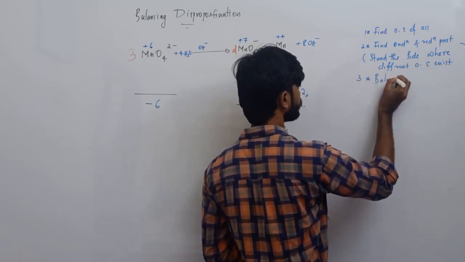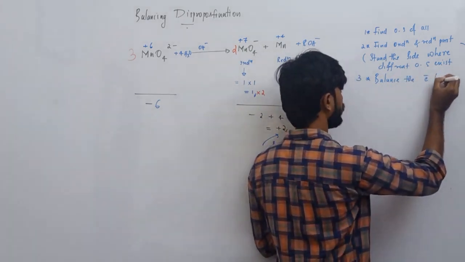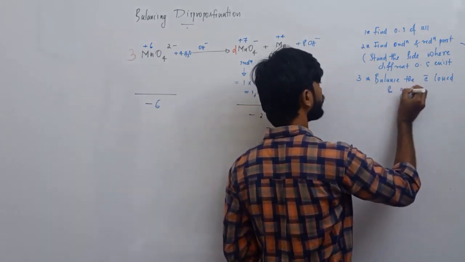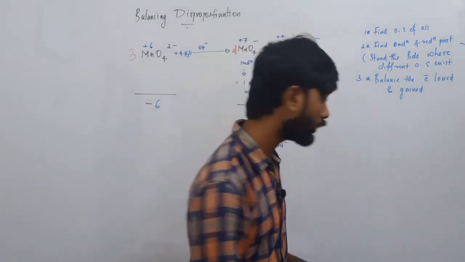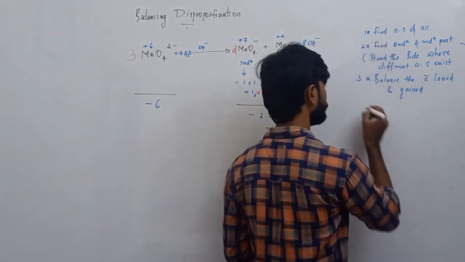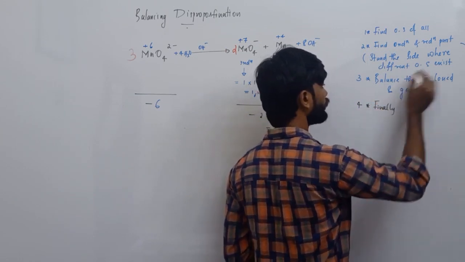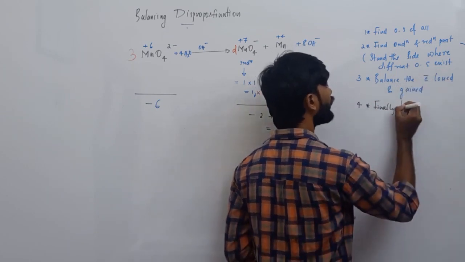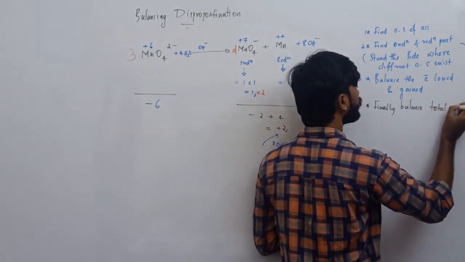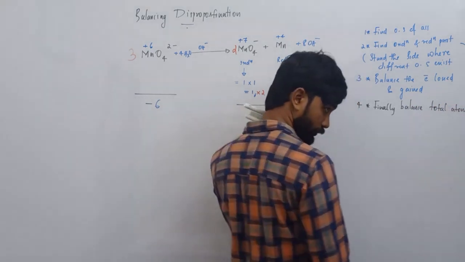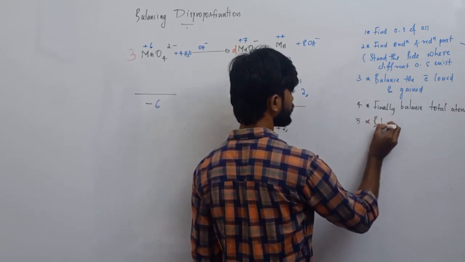Then balance the electrons lost and gained; we are still standing on the side where different OS is existing. If needed, multiply by a suitable number. Finally balance the total atoms. The rest is the same: balance charge and hydrogen.